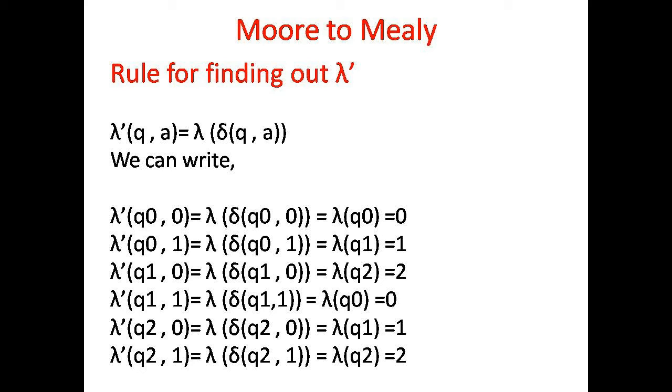Then lambda of Q0 produces the output 0. Similarly, we find lambda dash of Q0 on 1 input symbol, Q1 on 0 input symbol, Q1 on 1 input symbol, Q2 on 0 input symbol, and Q2 on 1 input symbol.